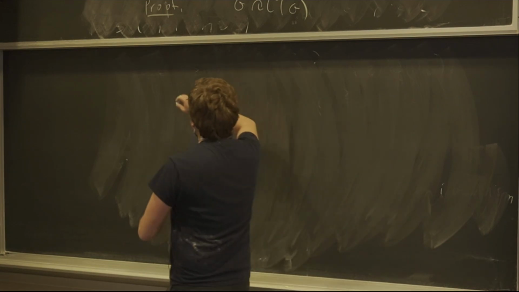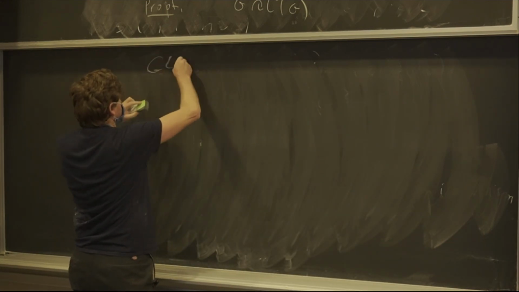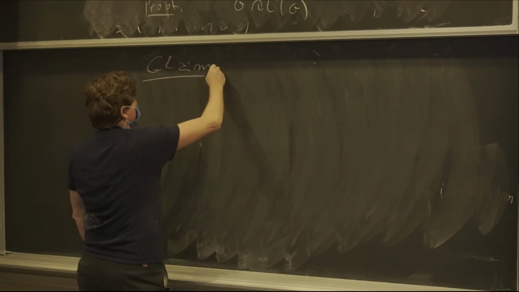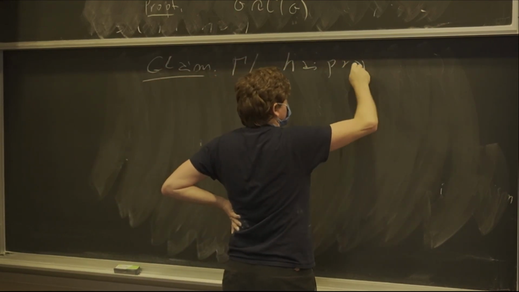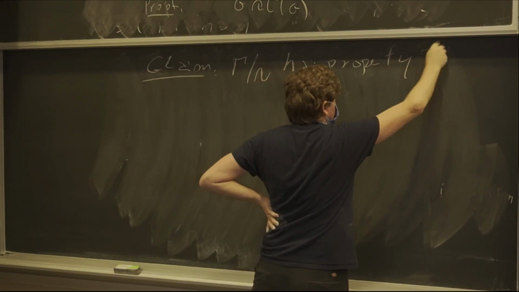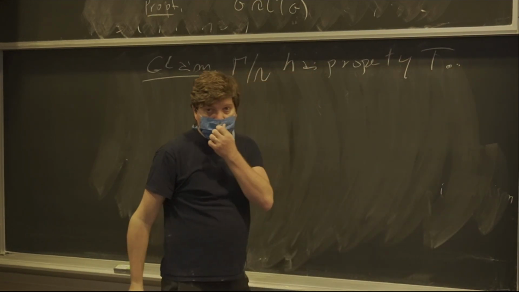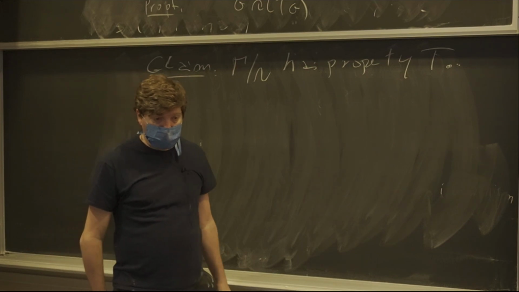Claim: gamma mod N has property T. Then we are done. So the corollary then gives you gamma mod N is compact.